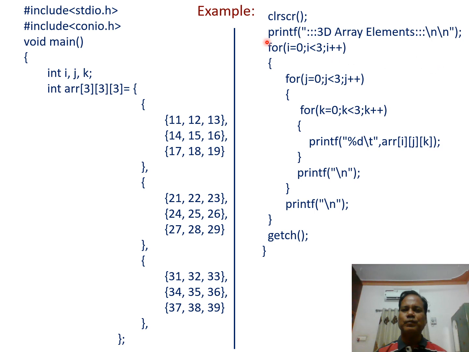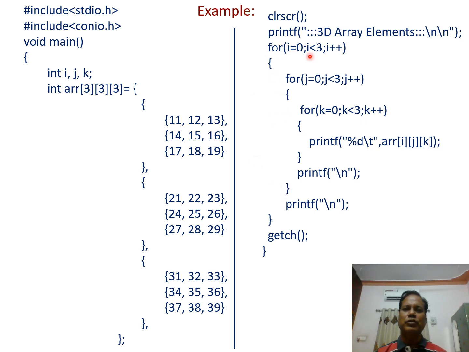And using the number of 2D arrays, this is the outer loop, three nested loops are used. The outer loop is just to keep track of the number of 2D arrays, and the inner two loops are used for printing the elements of the 2D arrays.